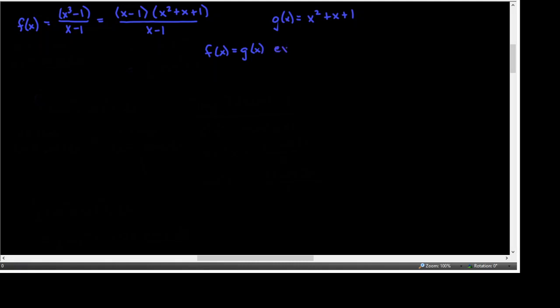except at one point, when x is 1. Then they're not equal, because f of x is undefined and g of x is equal to 3, I believe.